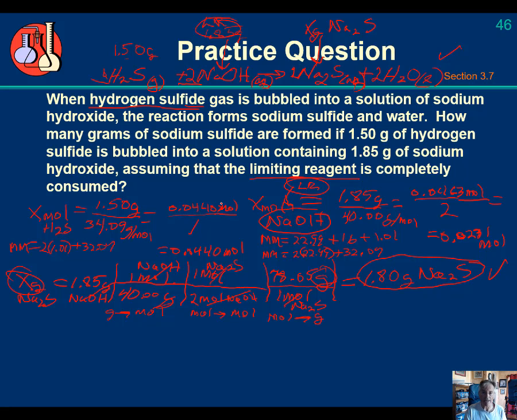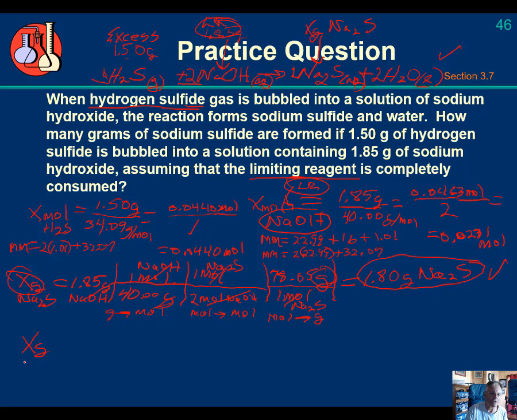So let's ask another question. How many grams of hydrogen sulfide, which is not our limiting reactant, this is the reactant that's in excess, how much remains after we've completely consumed 1.85 grams of sodium hydroxide, which is our limiting reactant? So let's figure out how much we use and then simply subtract it from how much we started with, just like we did in the last problem.